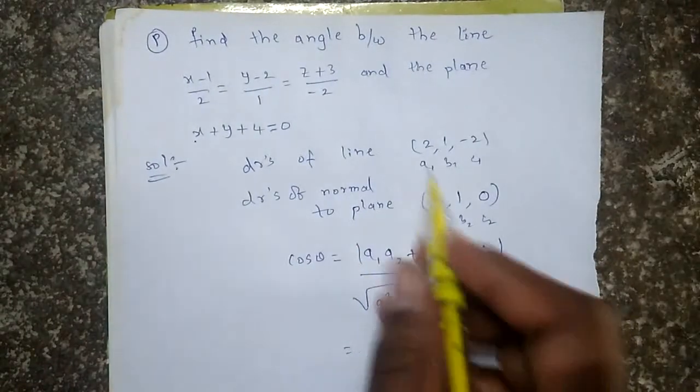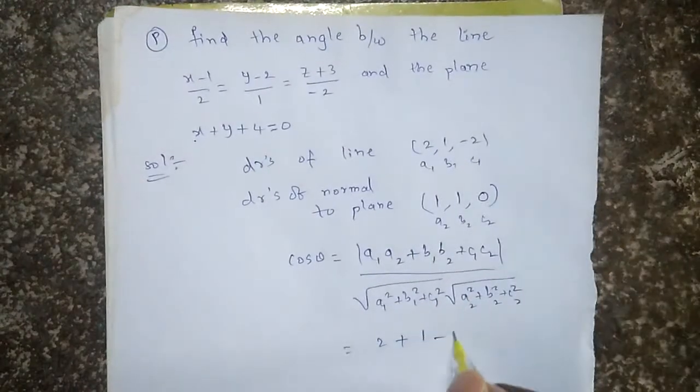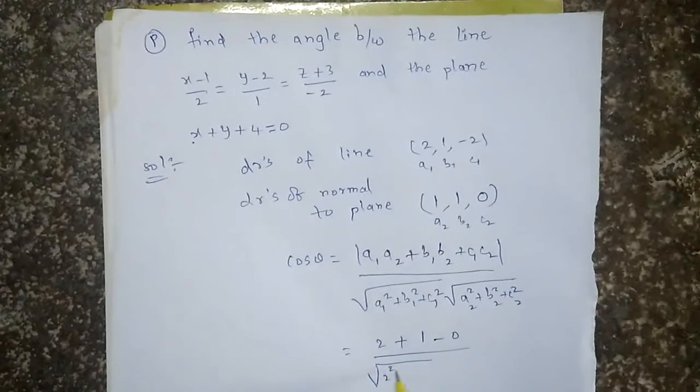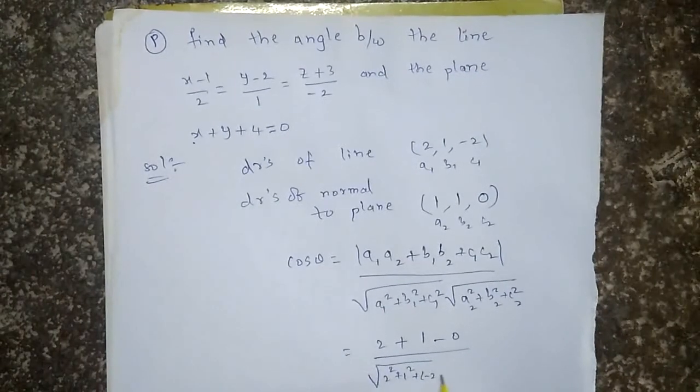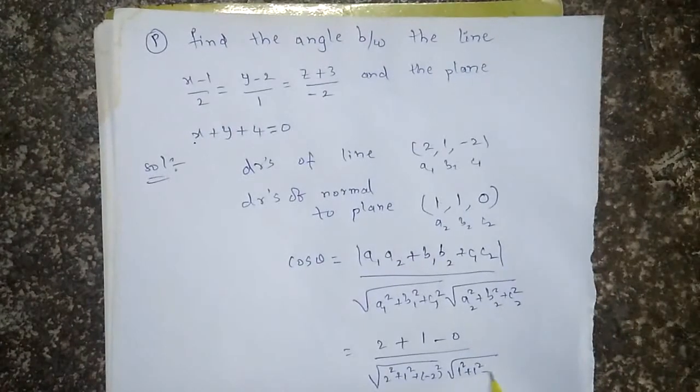So find this. This is 2 into 1 is 2, 1 into 1 is 1, minus 2 into 0 is 0, divided by root of 2 square plus 1 square plus minus 2 square, under root of 1 square plus 1 square plus 0 square.